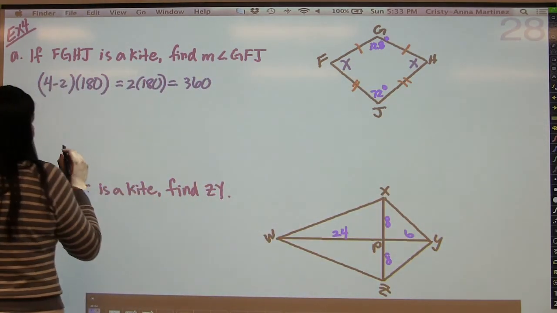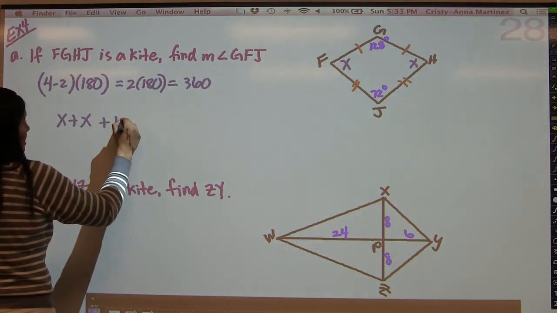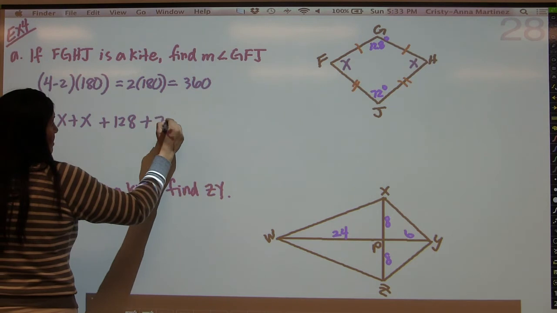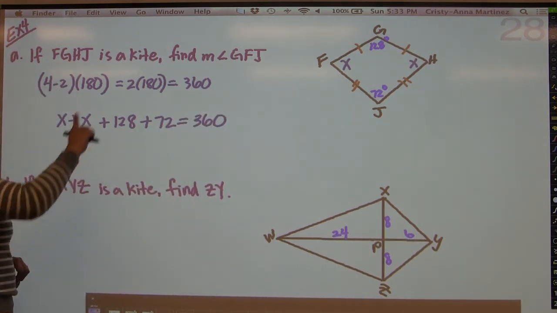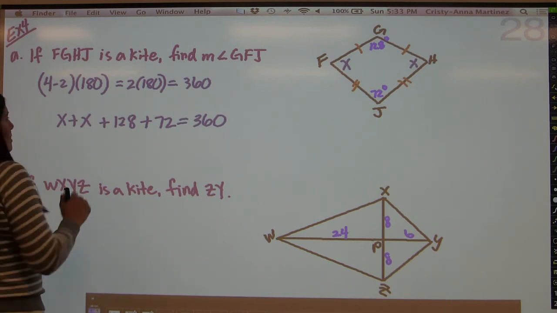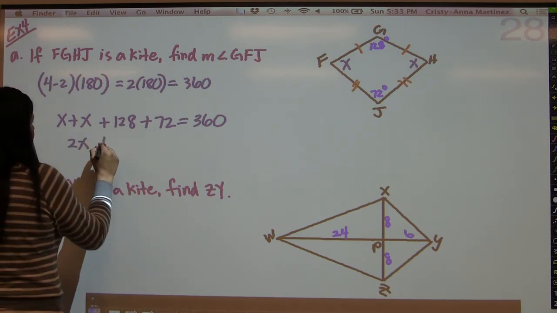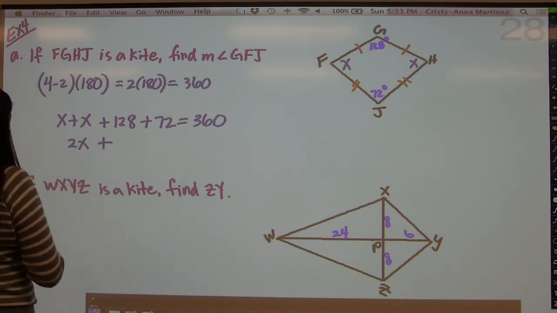So I'm going to put here that X plus X plus 128 plus 72 equals 360, because all of the angles in this quadrilateral should add up to 360 degrees. So now I'm going to get 2x plus 128 plus 72, which is 200.